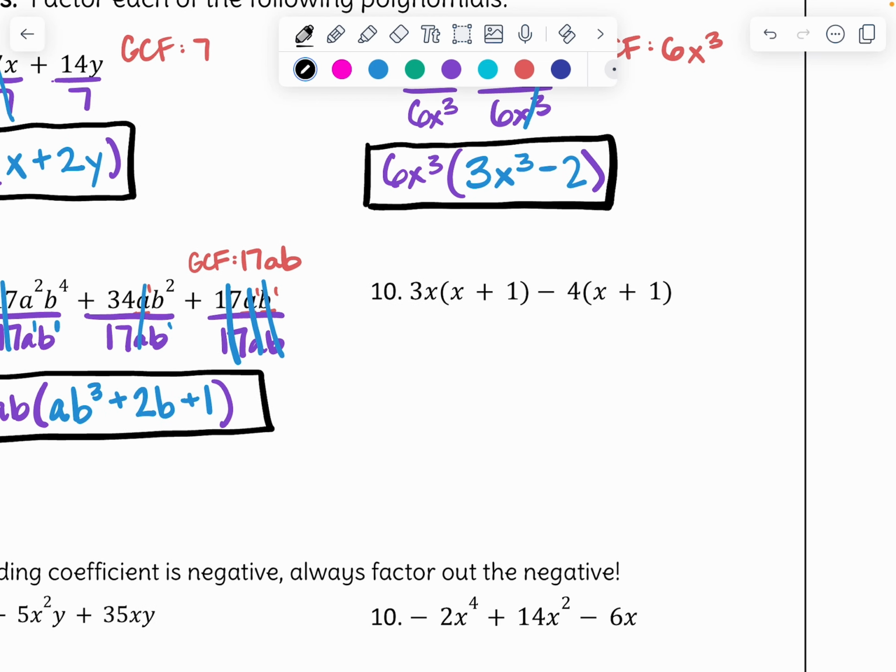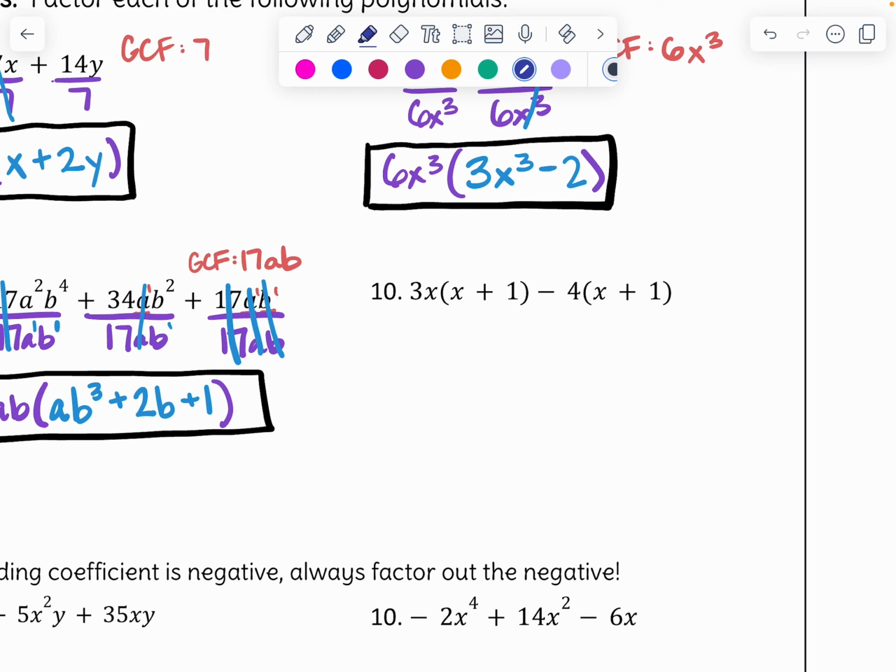Okay, now this one looks a little bit different because we have two terms here, but within the terms, they are in factored form. So they each have two factors.